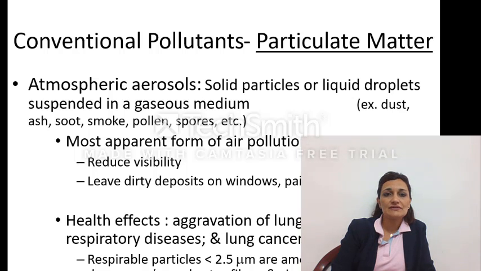It might really reduce visibility and leave dirty deposits on windows, plants, agriculture, and textiles. As a health effect, it aggravates lung diseases, might cause chronic, not only acute, respiratory diseases, and might be a cause of lung cancer. If you still remember, when we talked about environmental toxins, we looked at particulate matter with smoke.